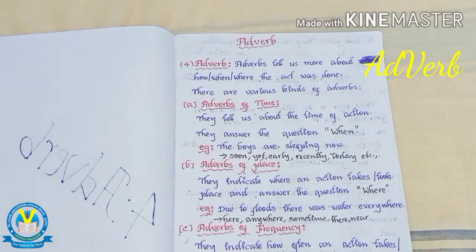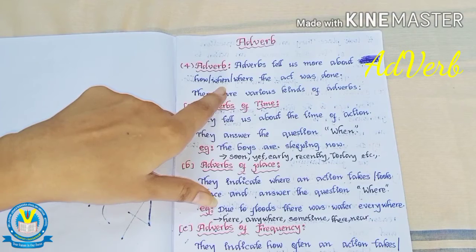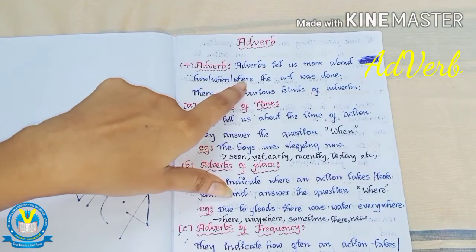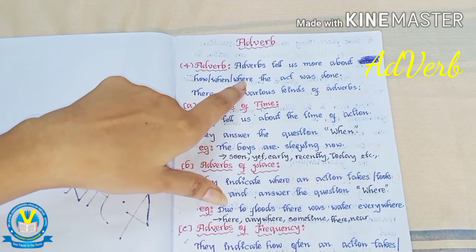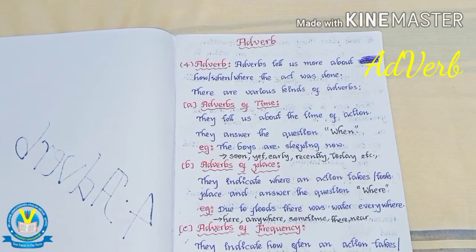And how the party was done, and when the party was done, and where the party was done. So it's clear that an adverb tells about an incident or a situation, and how, when, where the situation has taken place. Clear children?